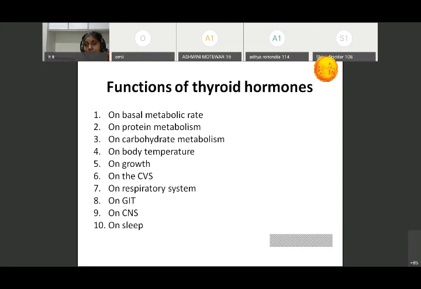So its action is stronger and of longer duration. Day after tomorrow, on Saturday, we will take thyroid hormone 2, in which we will see the other actions of thyroid hormone and the applied part. Okay?